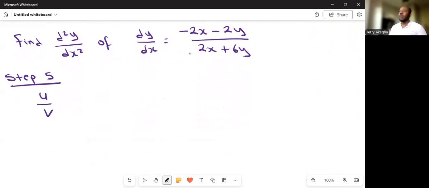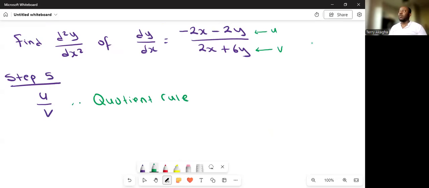The u is going to be minus 2x minus 2y, and the v is going to be 2x plus 2y. So we're going to use the quotient rule.